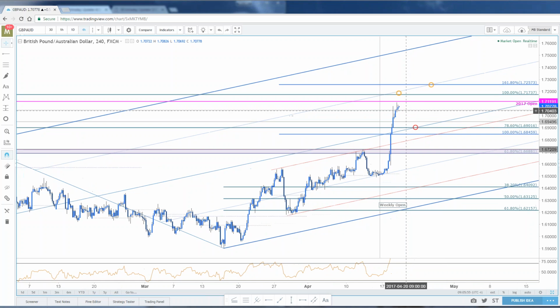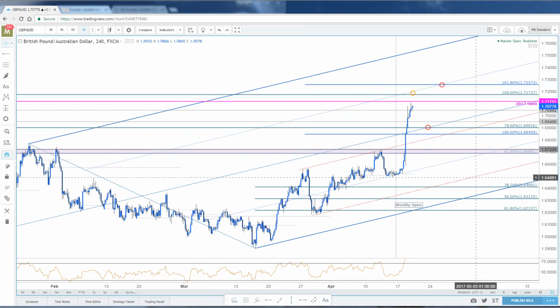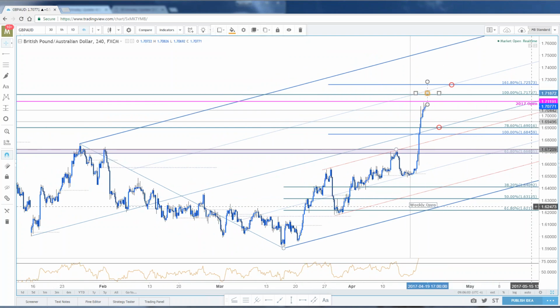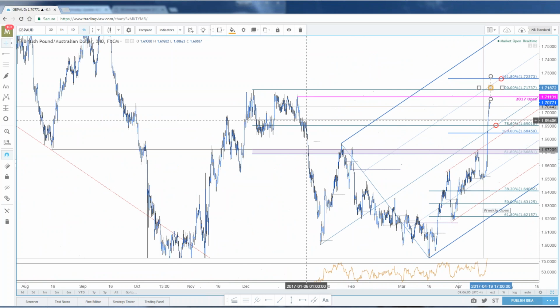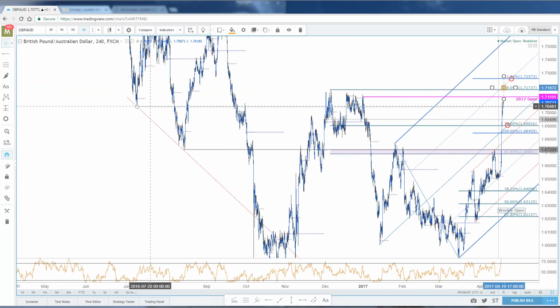That's done. Topside targets, extreme 72.57. That's going to be critical. Okay, so here are the new amended targets. 70.40.